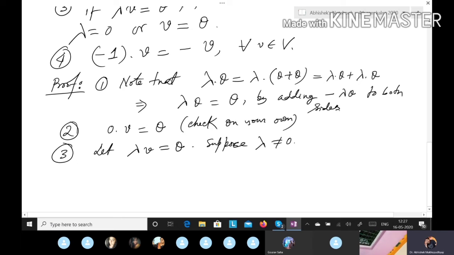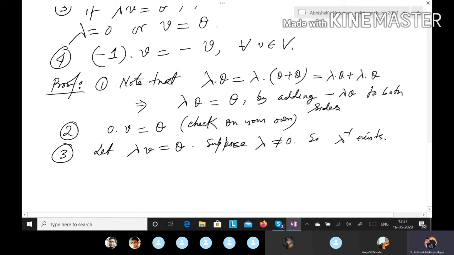Since lambda is a non-zero scalar and F is a field, lambda inverse exists. And with the help of lambda inverse, what will we do? We just multiply the scalar lambda inverse with this lambda V.